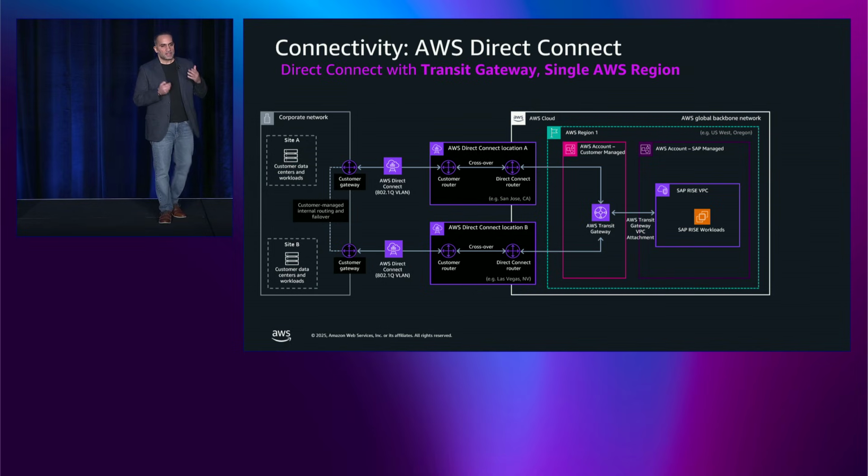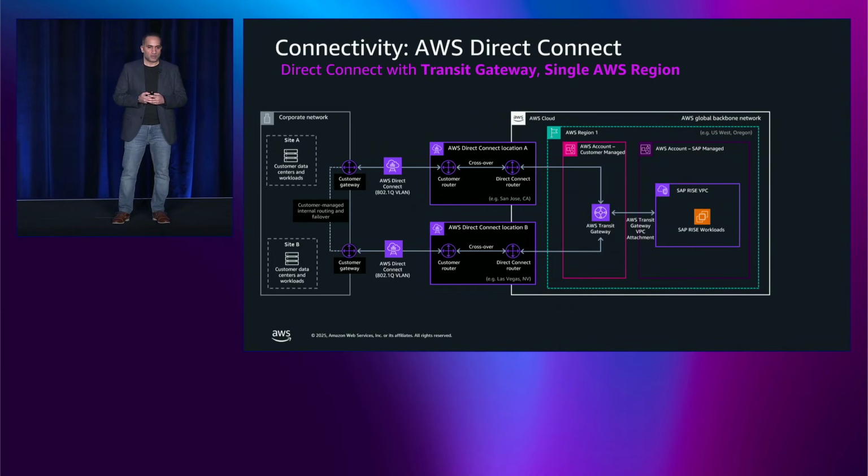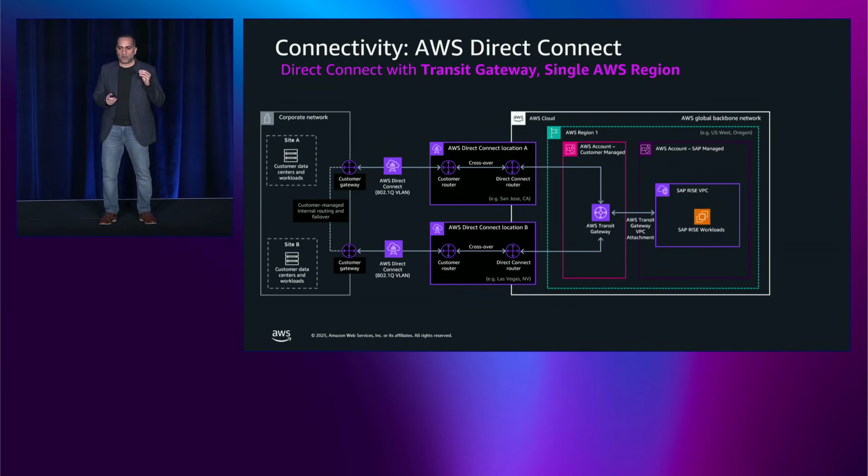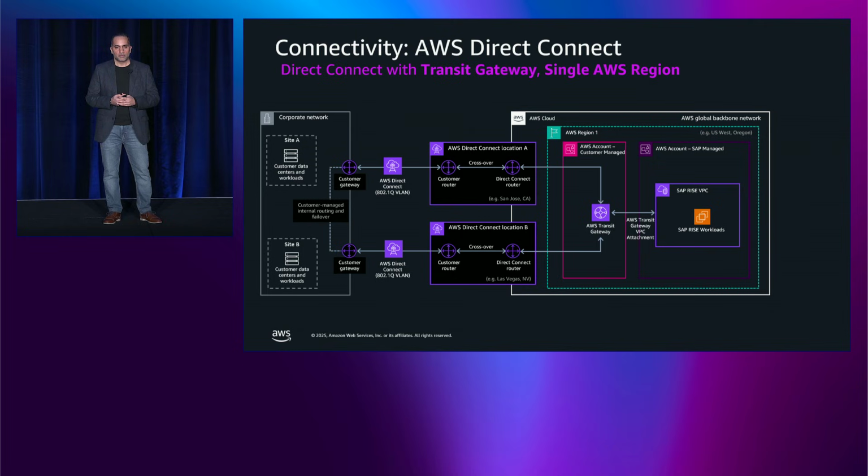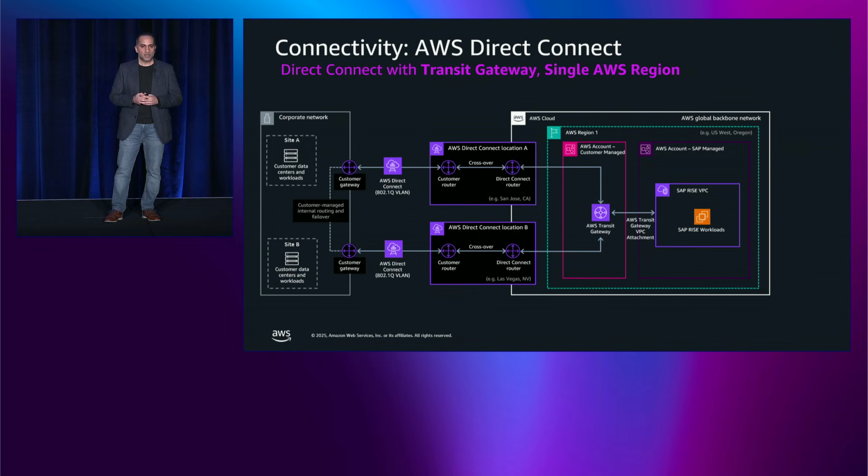The other is SAP Managed AWS account. Now, this is where your Rise environment lives. The AWS Transit Gateway in the customer managed AWS account connects to the SAP Rise VPC in this SAP managed AWS account and also integrates with on-premise corporate network.